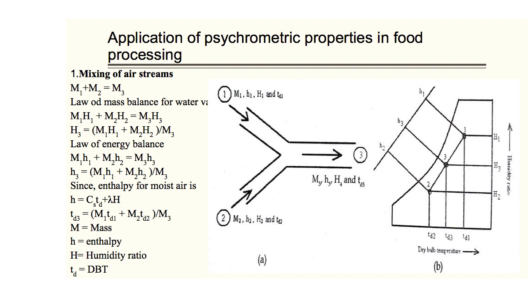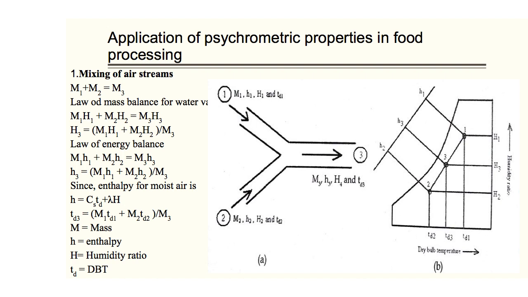So when we do the total mass balance, where stream 1 and stream 2 are making stream 3, right? So m1 plus m2 is equal to m3: mass of first air stream plus mass of second air stream equals the mass of third air stream.